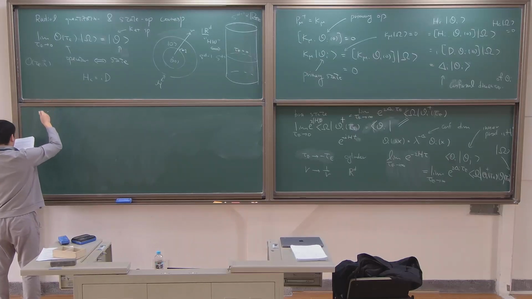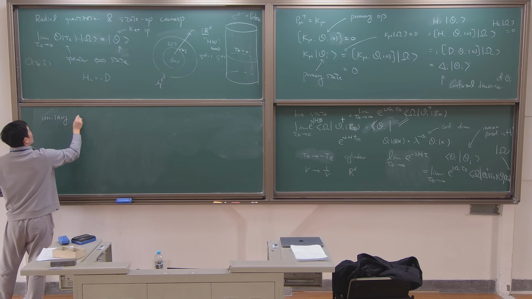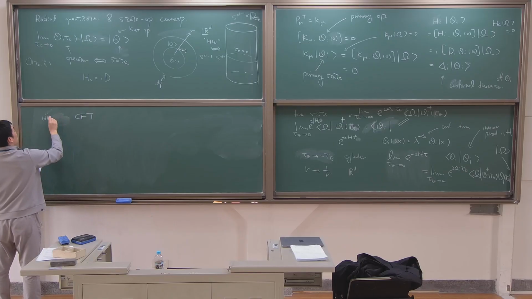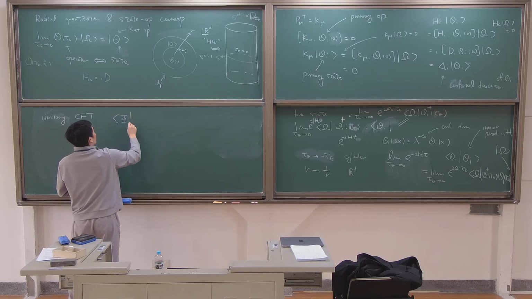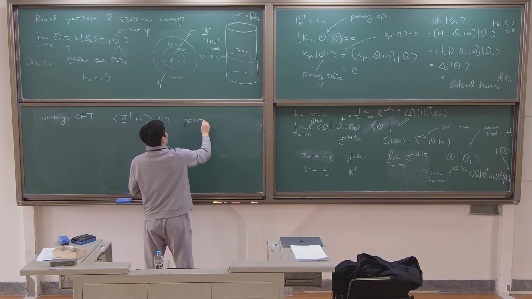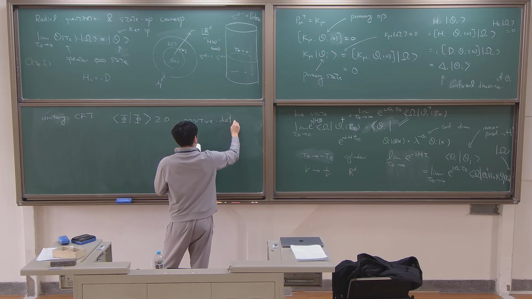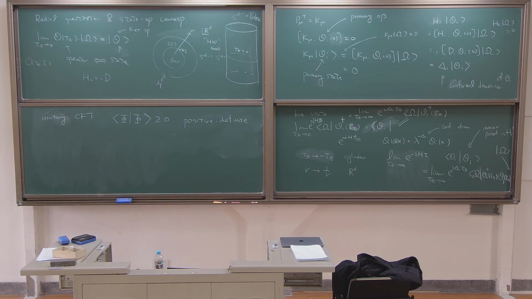So unitary CFT. The important thing is unitarity. All the states, we impose positive definite. That's what we impose for the unitary CFT in the Hilbert space. That's an assumption we impose. Any question at this moment?